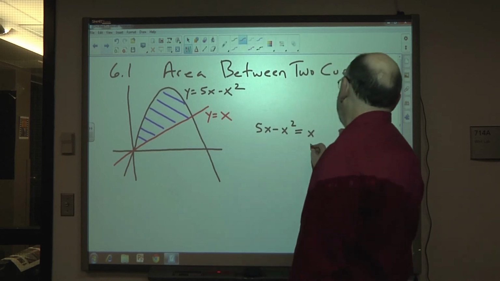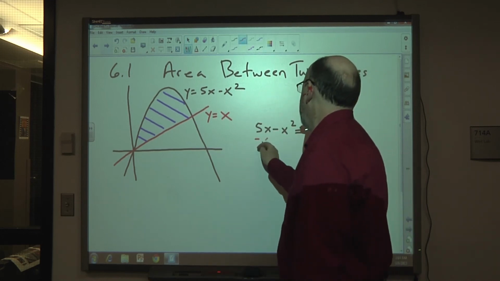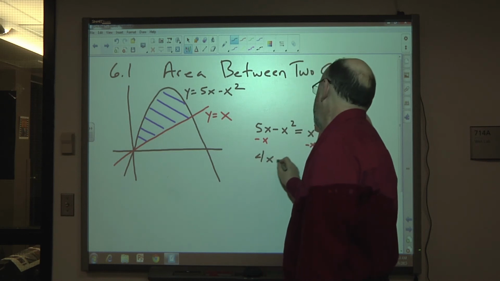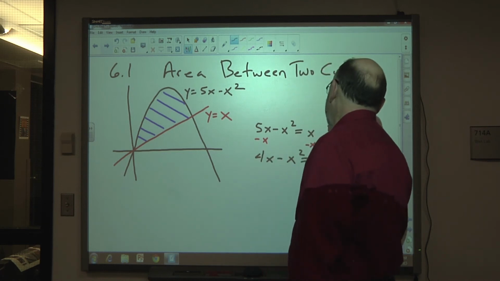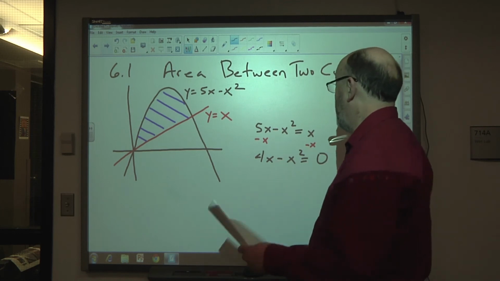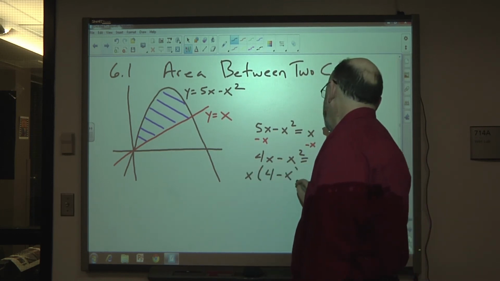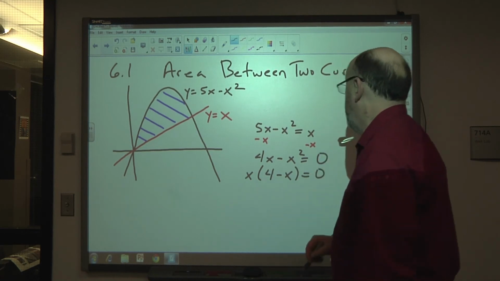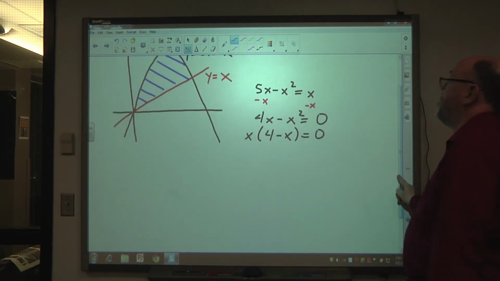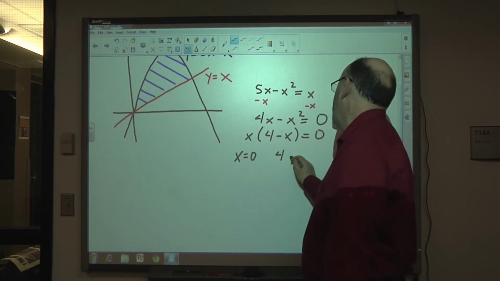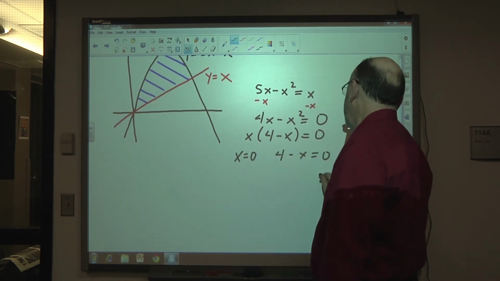So let's subtract x. And so we get 4x minus x squared equals 0. We can factor out an x. And then we can set each one of those equal to 0. So either x equals 0 or 4 minus x equals 0.